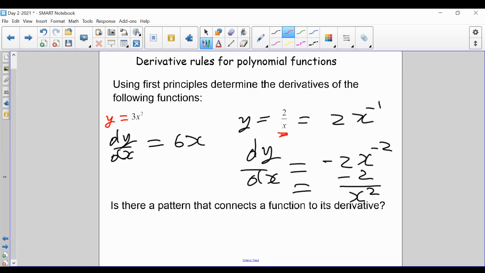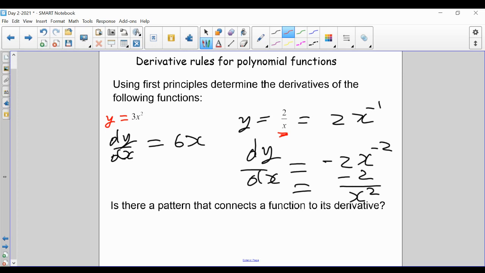And all I'm saying is that I haven't told you the secret to it yet, although I think Taj might have it there. I just simply told you what the derivative is. The derivative of 2 times x to the minus 1 is minus 2x to the minus 2. I didn't go through a process to do it. First principles that we've learned already would help us to do that.